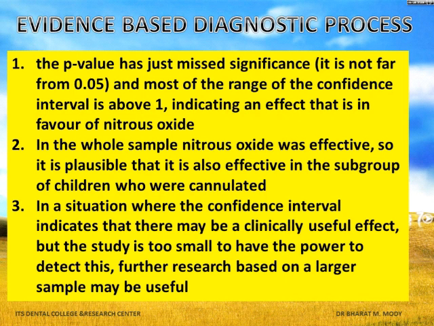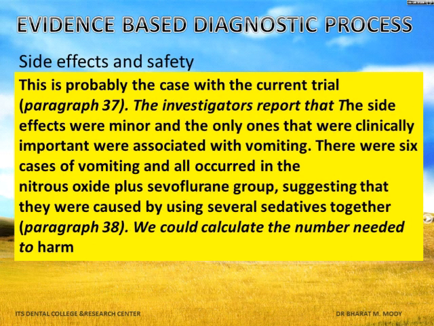In a situation where the confidence interval indicates that there may be a clinically useful effect, the study is too small to have the power to detect it. Further research based on a larger population is required. This is how you interpret all this.